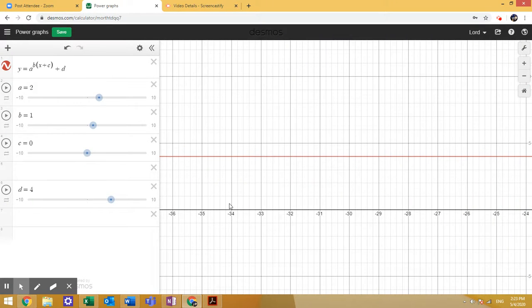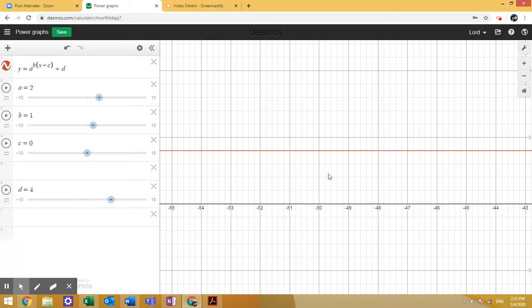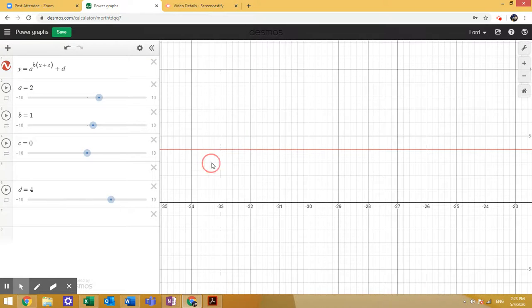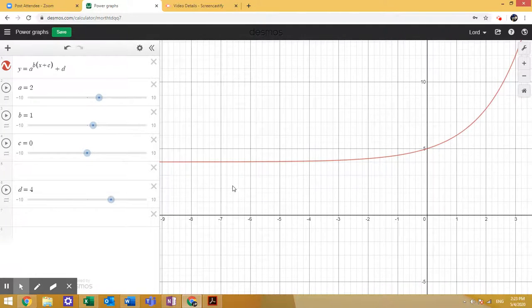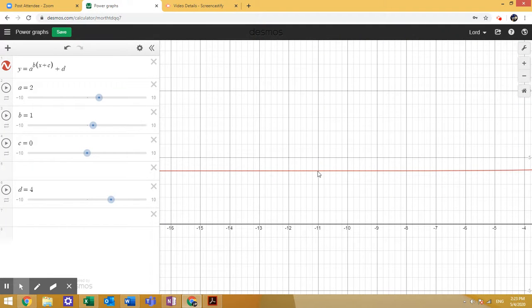So let's go way out here and see if we can find the function. It's getting really, really close to that line 4, so close that we can't even tell that it is not there, but it does not touch it. The decimal places get so many. Let's try another one here.